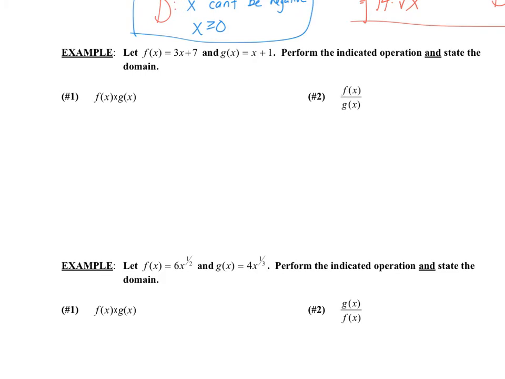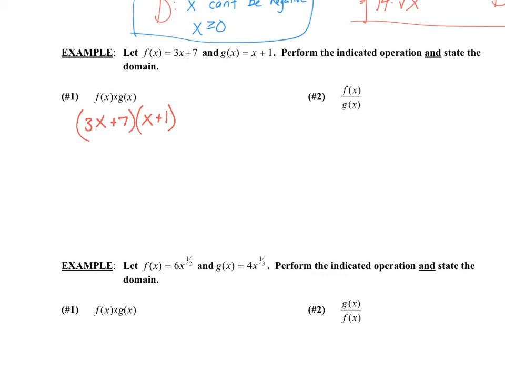Okay, a couple more examples here. This time we're multiplying and dividing. So perform the operation and state the domain. So for number 1, we would have 3x plus 7 times x plus 1.